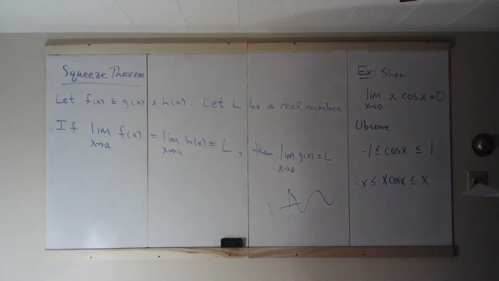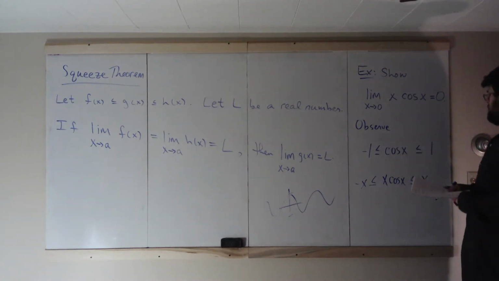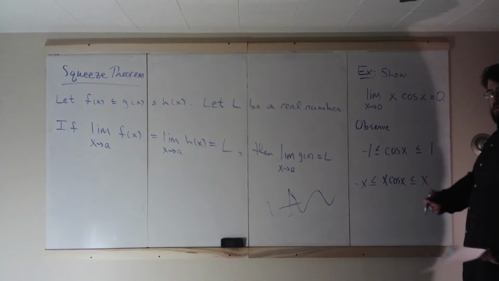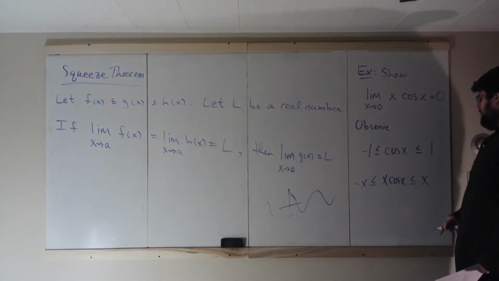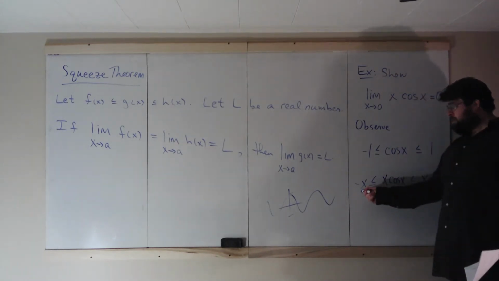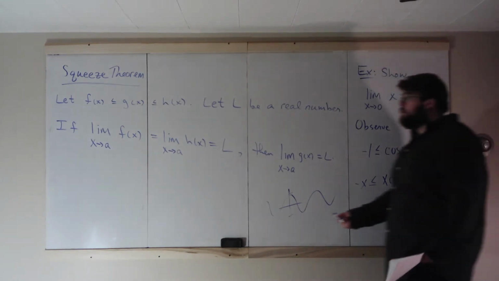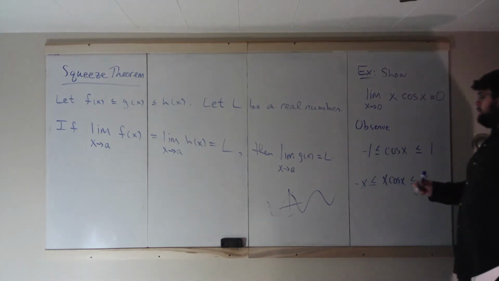Now, we want the limit as x approaches 0 here. I'm going to introduce some shorthand notation. If the limit as x approaches 0 here equals the limit as x approaches 0 here, then the limit in the inside is 0.